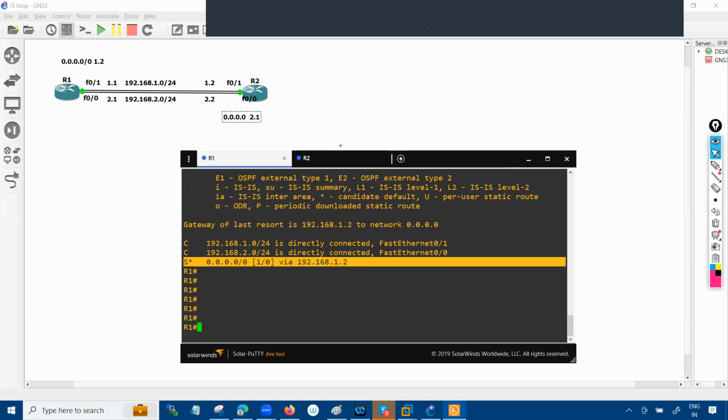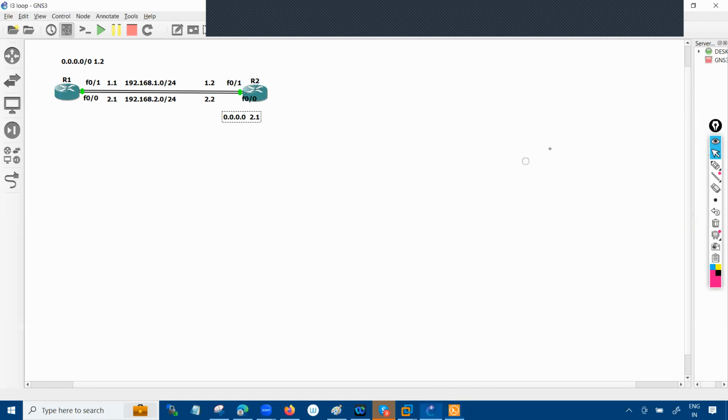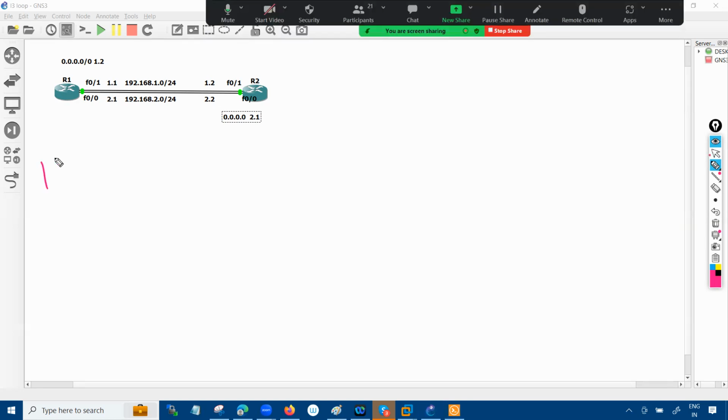So let's take an example. What happens if I ping from router number 1 to 8.8.8.8? The source could be anything, let's say the source will be 1.1, and the destination is 8.8.8.8.